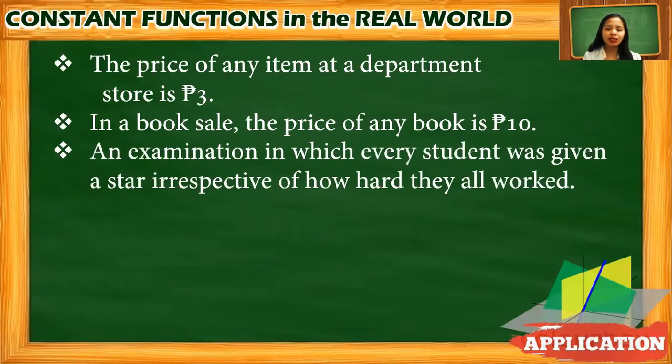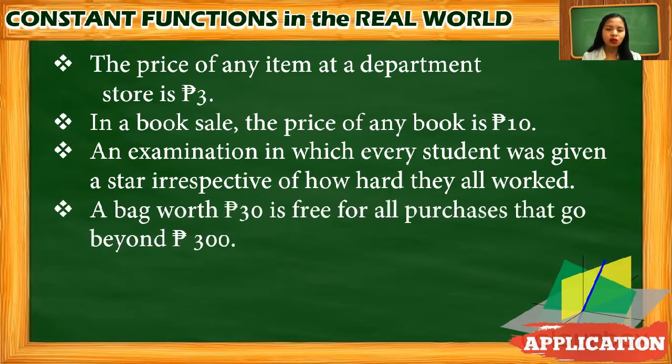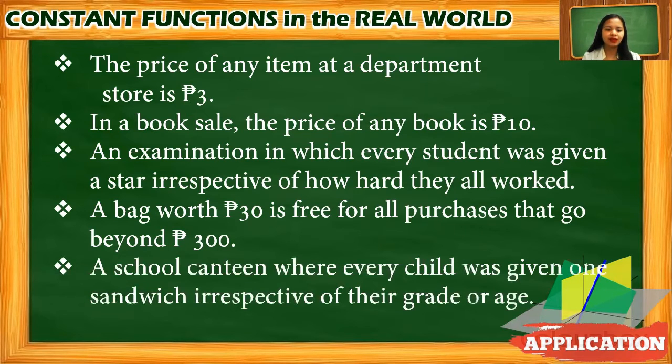Next, an examination in which every student was given a star irrespective of how hard they all worked. Another one, a bag worth 30 pesos is free for all purchases that go beyond 300 pesos. And lastly, a school canteen where every child was given one sandwich irrespective of their grade or age.